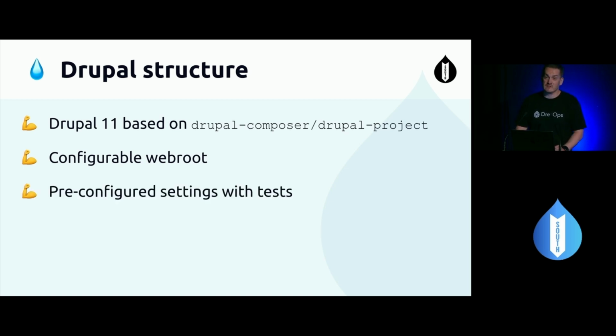Pre-configure settings with tests. So this is a cool part. I've actually saved this quite a lot. So you may know that there is a settings.php file, and if you are working on a complex project, you may have configuration settings in settings.php that depends on the environment where the project runs.